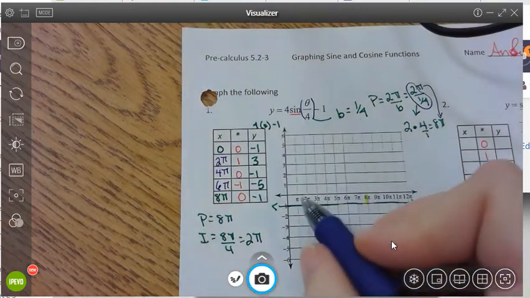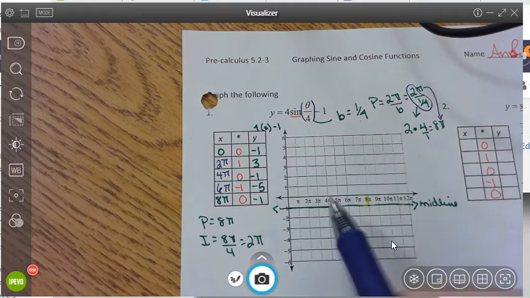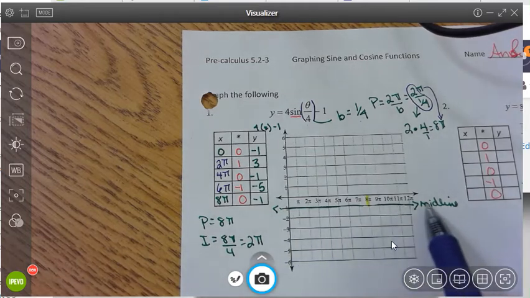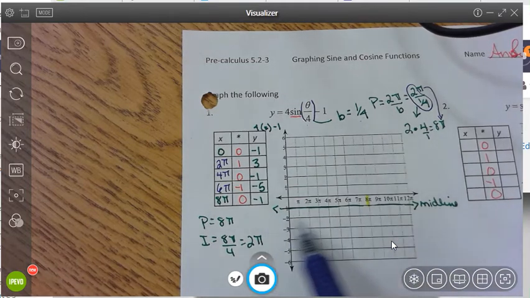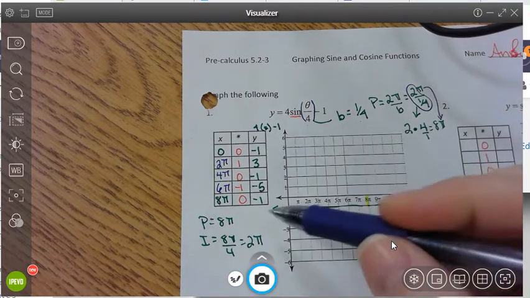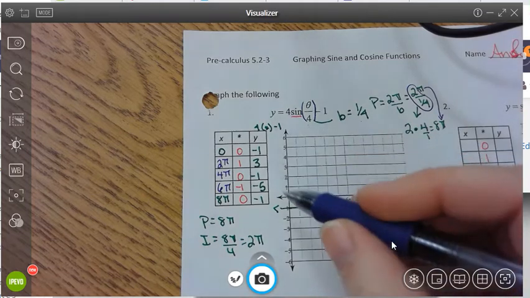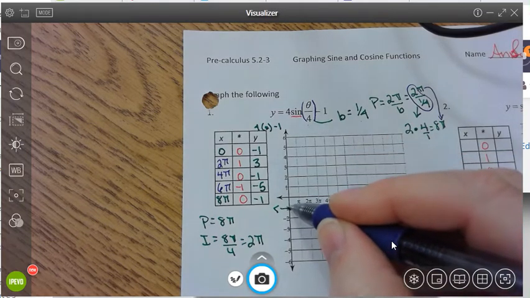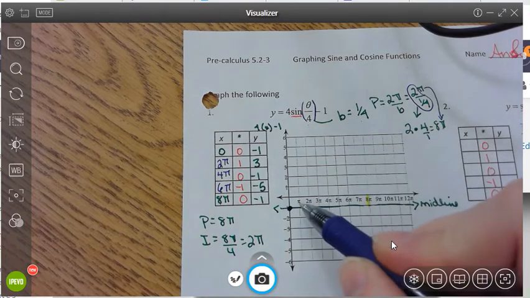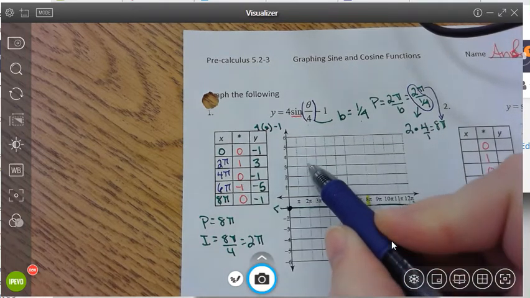Okay, so now all I have to do, look how nice this is. Now 8 pi, I've got it highlighted, and I already have my green line midline in there so that I can see where the middle of my graph is going to end up. So I go to 0 and I start with -1. Boom, done. Then I go to 2 pi, which is right here, and I go to 3.